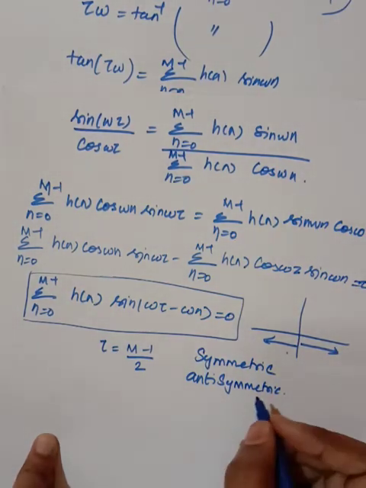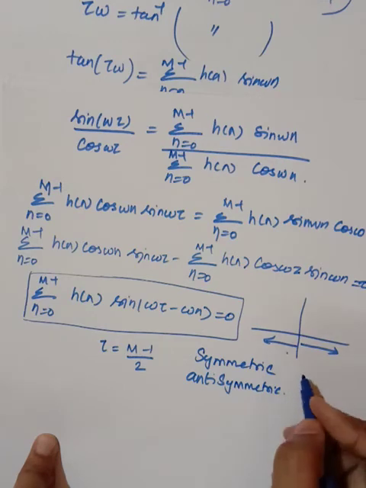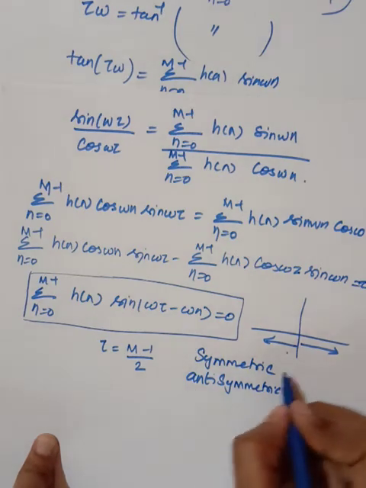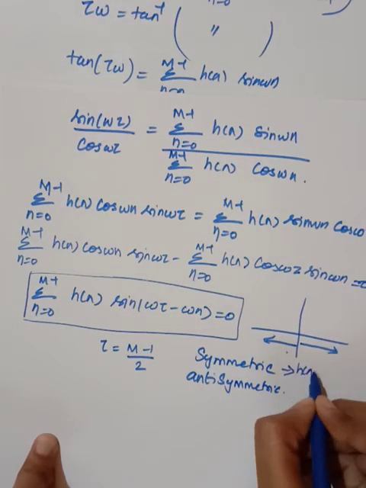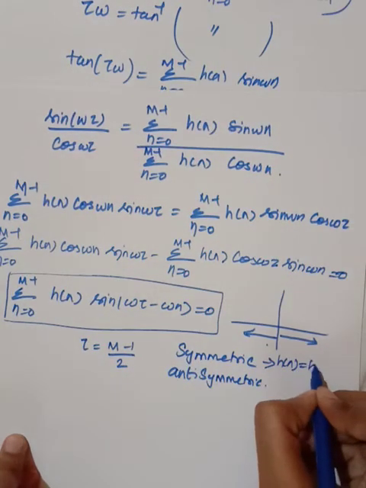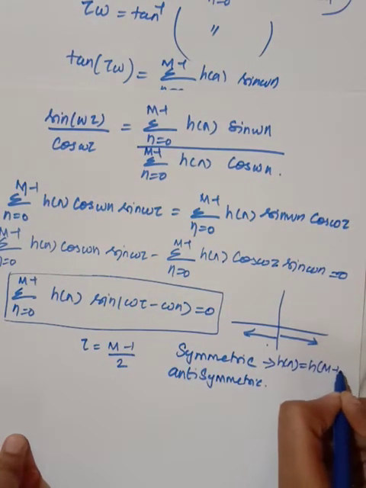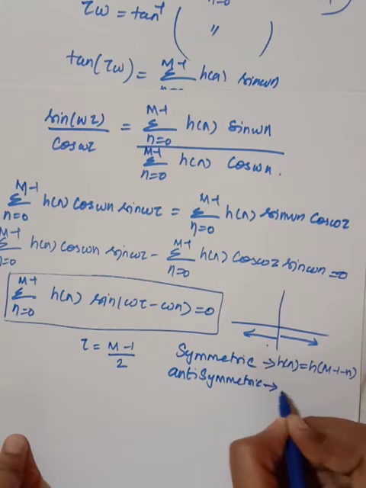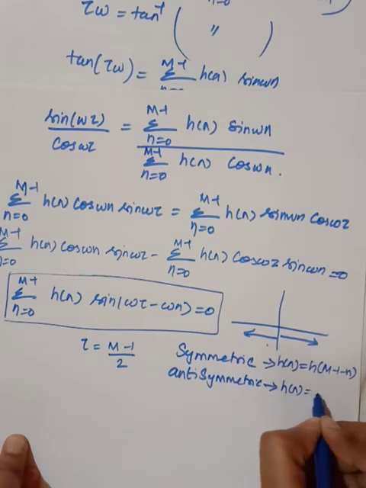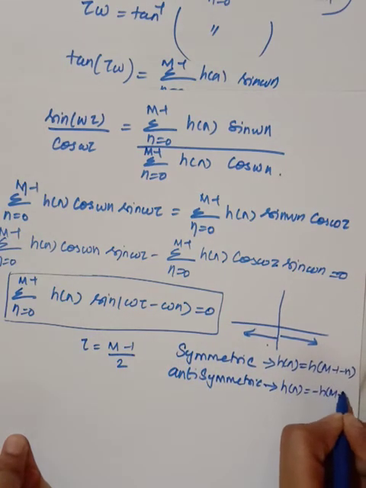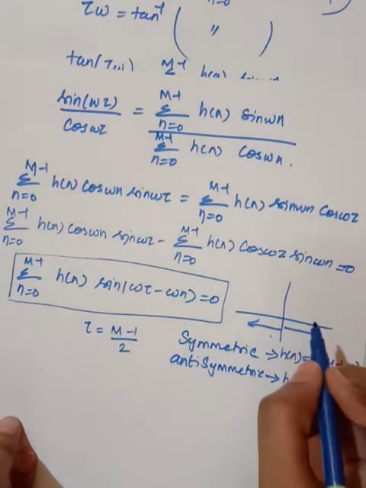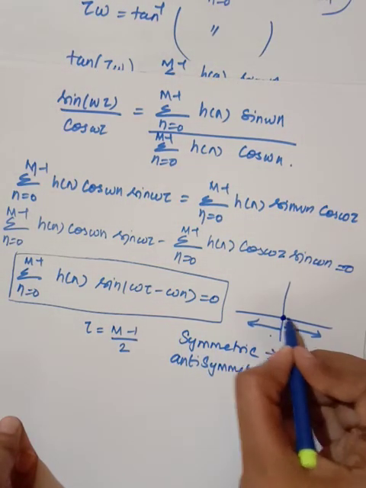In the symmetric case, h of n is equal to h of M minus 1 minus n, and in the anti-symmetric case, h of n is equal to minus h of M minus 1 minus n, which means there is one center coefficient.